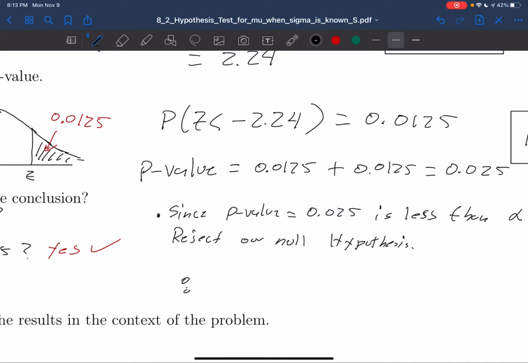So just to make it clear, thus we reject H naught, our null hypothesis. That's our conclusion.